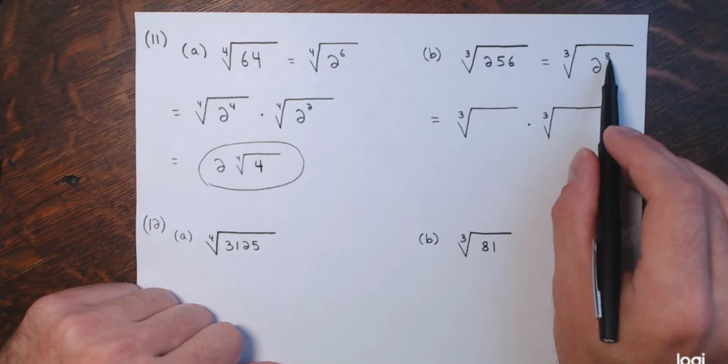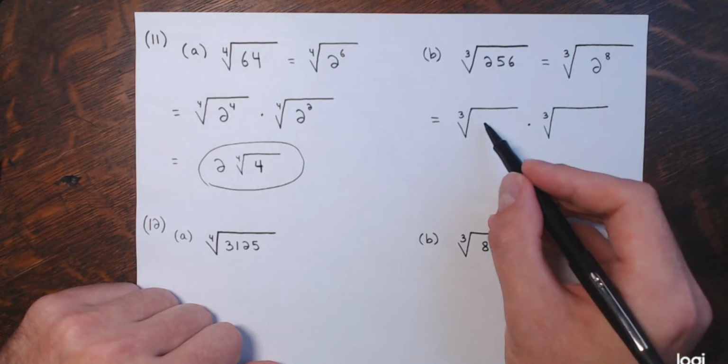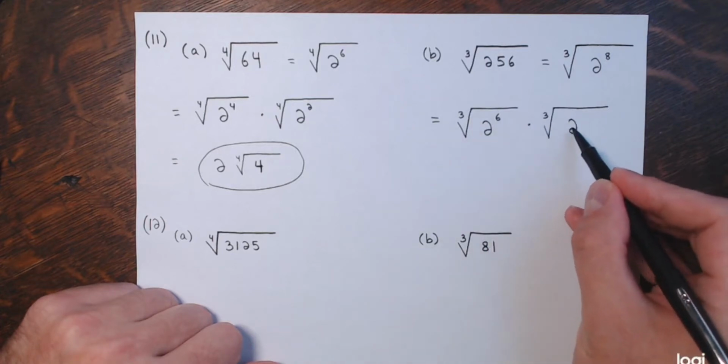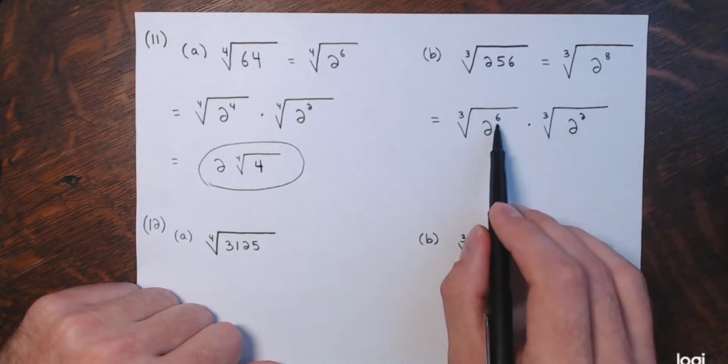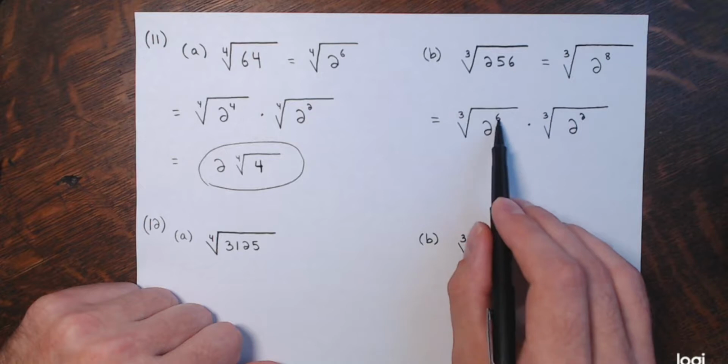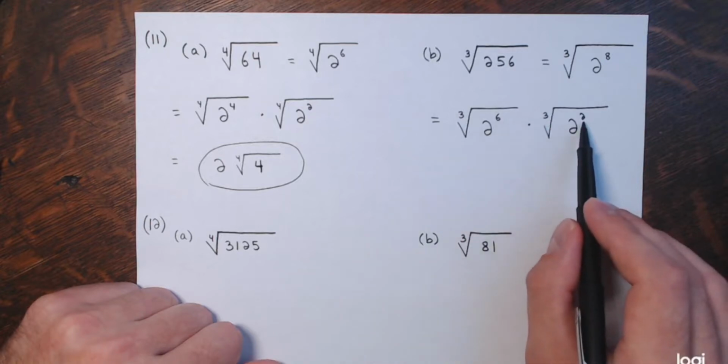But there is a multiple of 3 that's less than 8, and the next highest one would be 6. So I can break up 2 to the 8th into 2 to the 6th times 2 squared. Again, in here the powers are all multiples of 3, perfect cubes. And in here, the powers are all less than 3, so not perfect cubes.